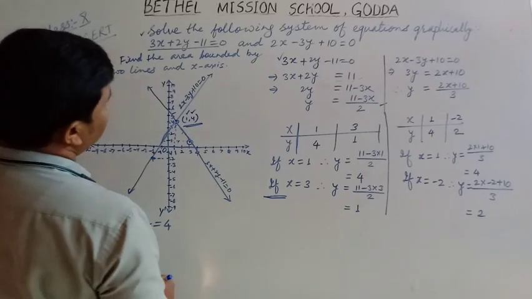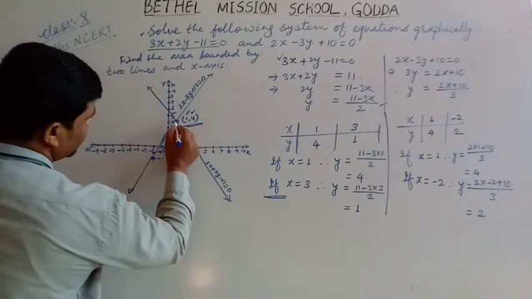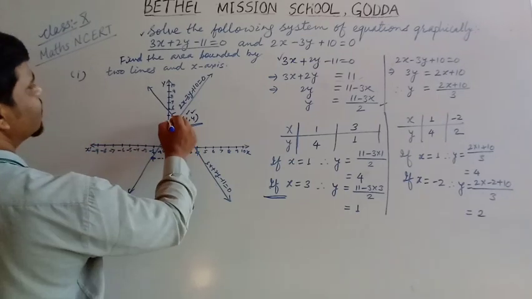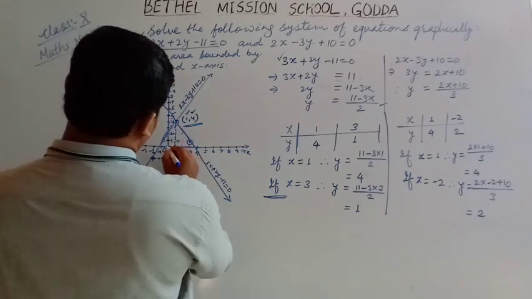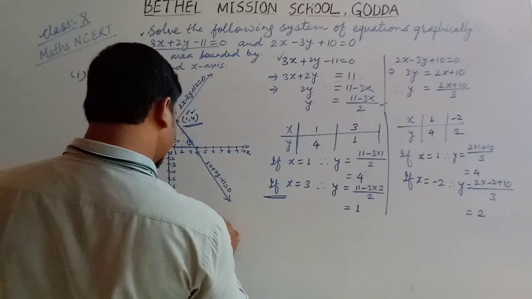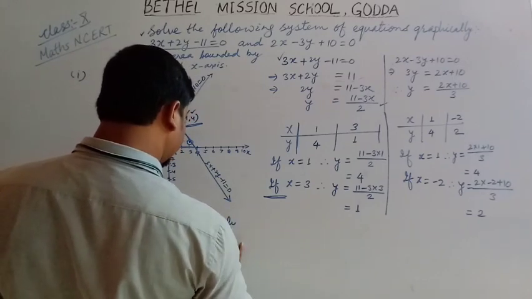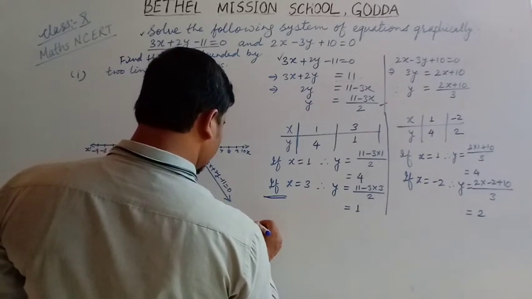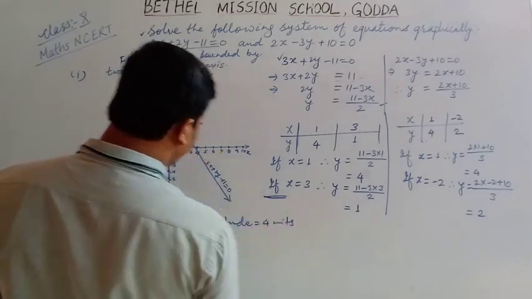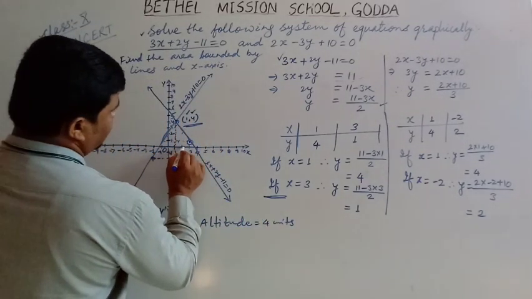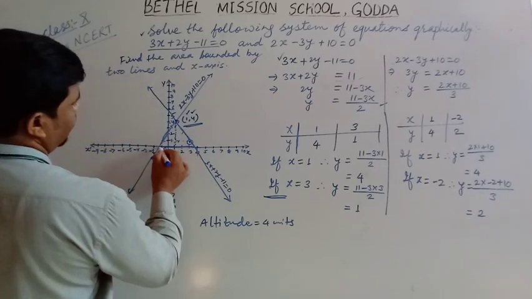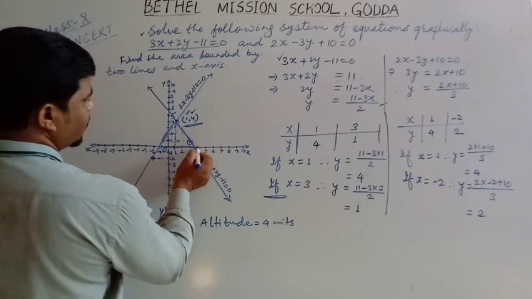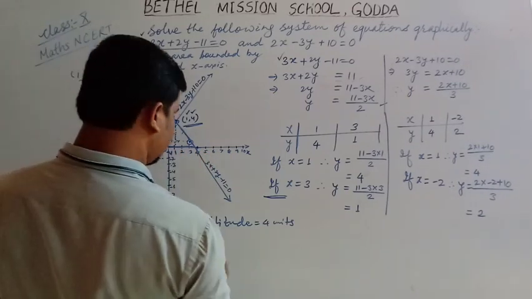So how can you find the area of the triangle? From this point, draw the perpendicular. You see the perpendicular dropping to this point, and the distance is 4 units. The altitude is 4 units, and the length of this base is from here to here 1 unit, and here 4 units, 4 and 1, 5 units.